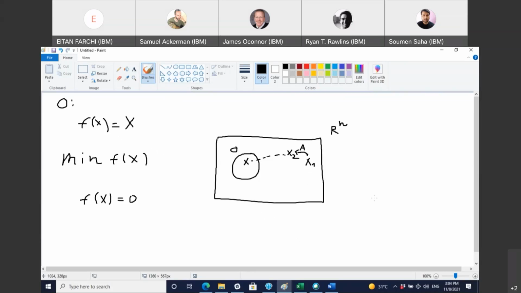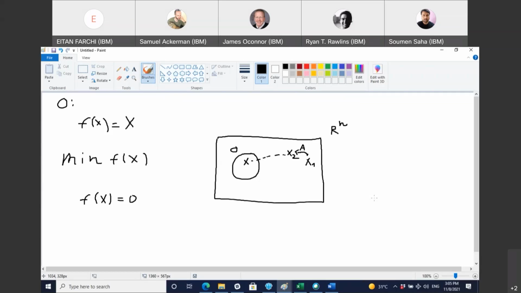Imagine a hill. If you're at the top of the hill and you're always going down, you'll get to the valley, or vice versa. If you want to go up and you always go up, then naturally you'll be going up. So maybe you'll get to the place that is the highest. Maybe not the absolute highest, but somewhere that is high, because you're always going up. So that's the basic intuition.